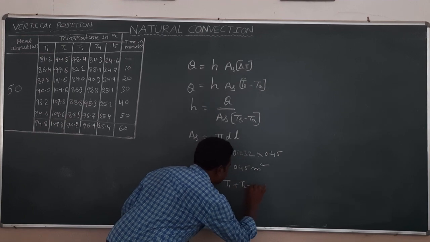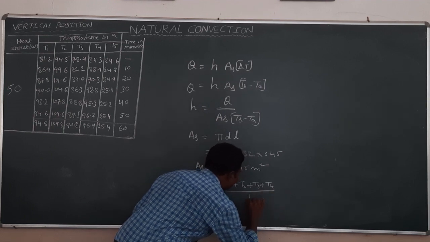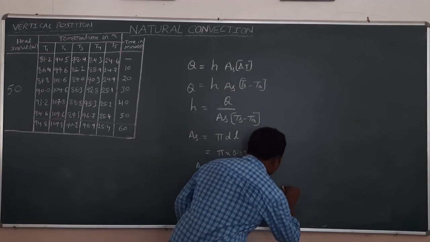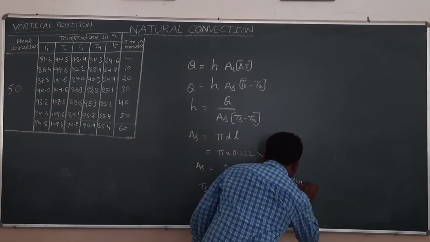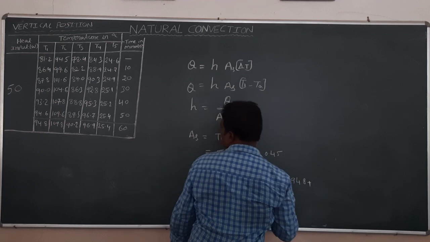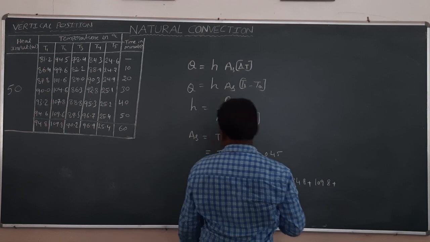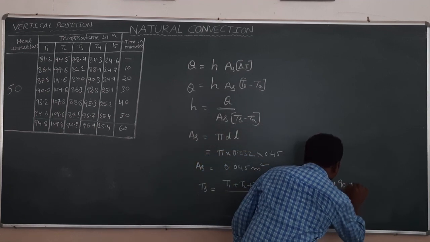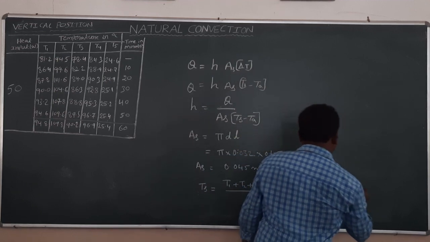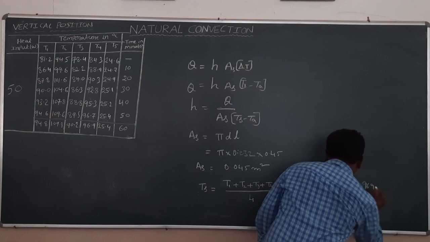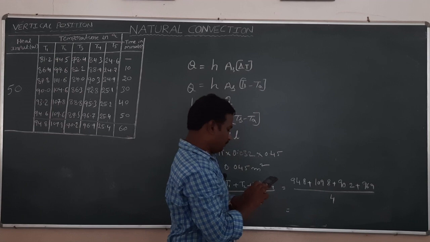T1 plus T2 plus T3 plus T4 by 4, where T1 is 94.8 plus 109.8 plus 90.2 plus 96.9, divided by 4. Calculate this one.